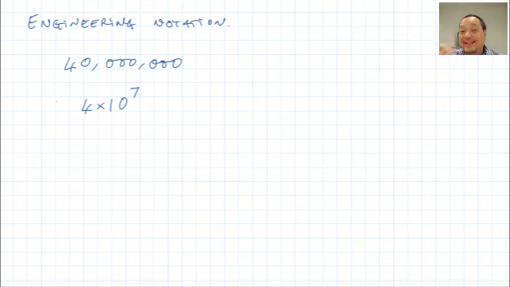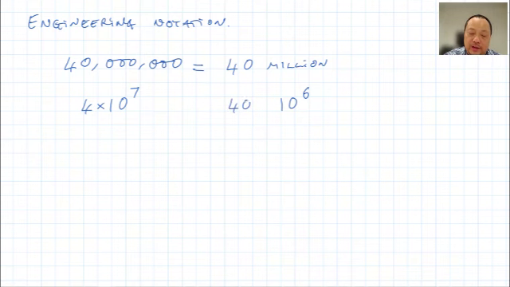Engineering notation takes it one step simpler and says that in real life, when we see this number 40 million, we call it 40 million. And million is 10 to the 6th, 6 zeros. So in engineering notation, they write 40 times 10 to the 6th. The reason for this difference is a difference in emphasis.